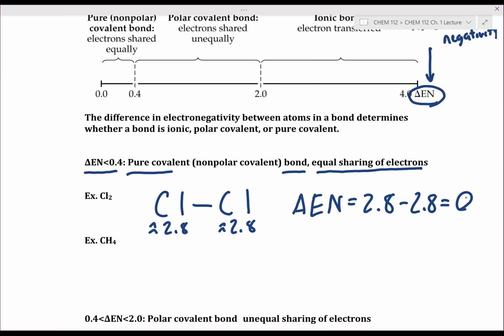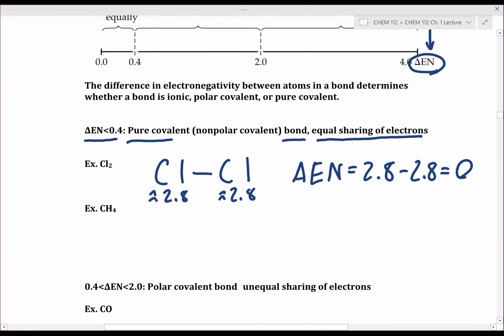The other major case this comes up is when we start to look at carbon-hydrogen bonds. So carbon has an electronegativity value of 2.4, and hydrogen has an electronegativity value of 2.1. Now, I don't want you to memorize the exact electronegativity numbers. That's not needed. What I want you to memorize and what I want you to understand are the qualitative differences in electronegativity between different atoms.